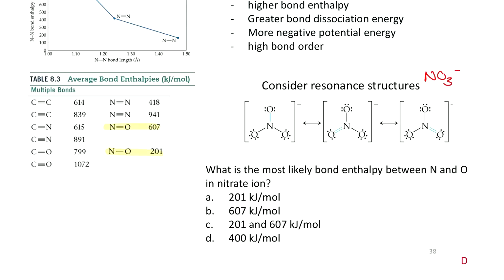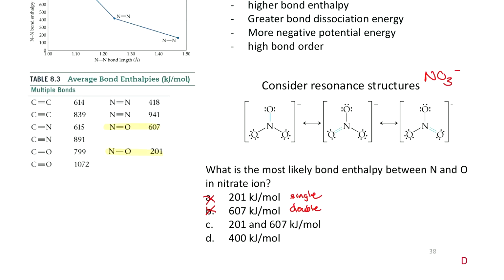If you look at these answers, 200 kilojoules is related to just one single bond. We're not going to find that, because there are single bonds and double bonds. We're not going to find 600 kilojoules because that is just the double bond. Are we going to find bond enthalpies of 200 and 600? Is that what we're going to find?